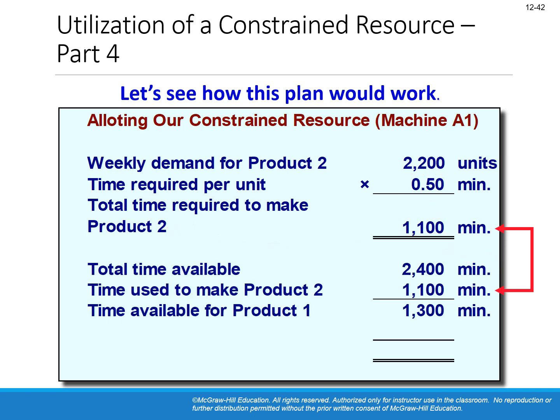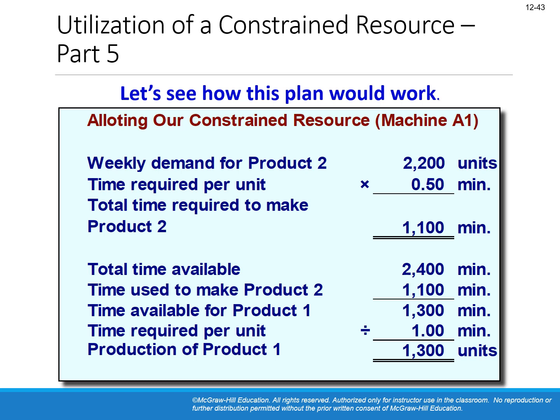So as you can see, the 1,300 minutes now are allocated to product 1, and in this way you will maximize your profit by completely satisfying the demand of product 2, and the rest should be allocated to product 1.